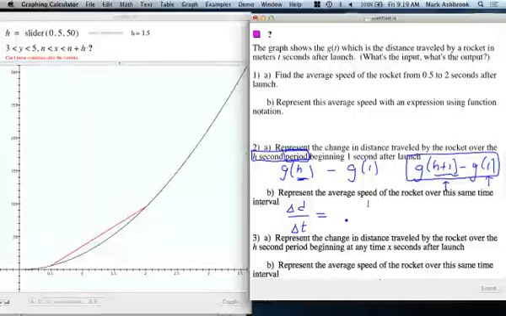That's it. Change in distance is g of h plus 1. So that's a particular distance at h plus 1 seconds. But we want the change in distance from 1 second to h plus 1 seconds.